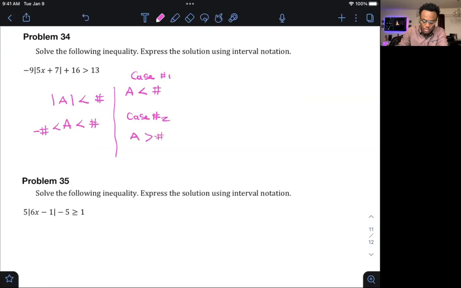So with the two cases, you can solve both of them, and graph them or give the solution in interval notation.